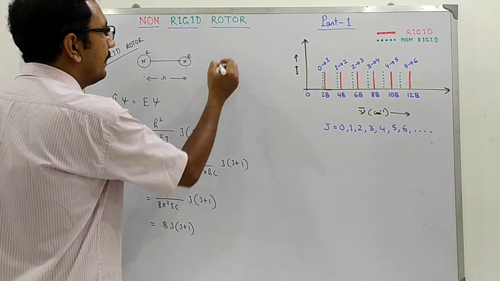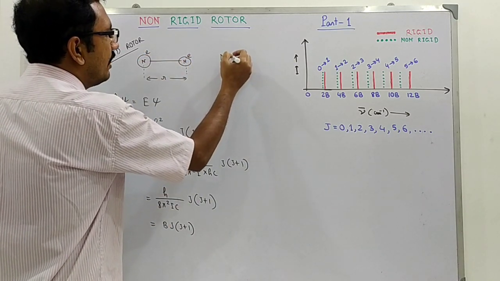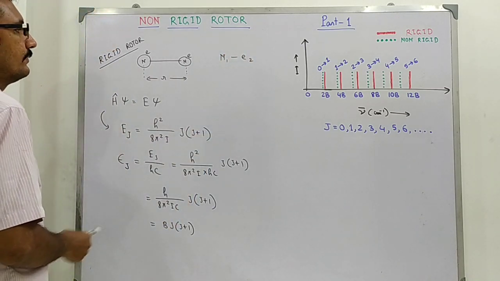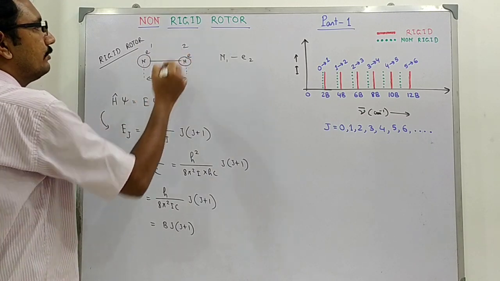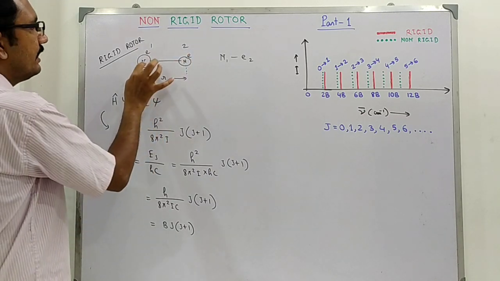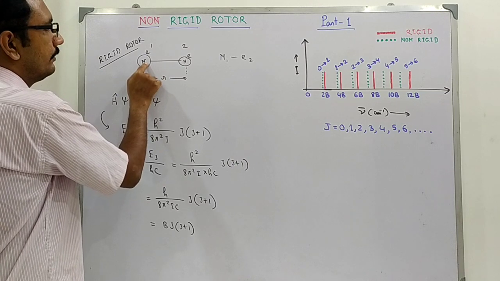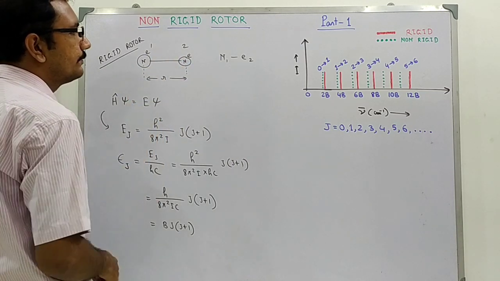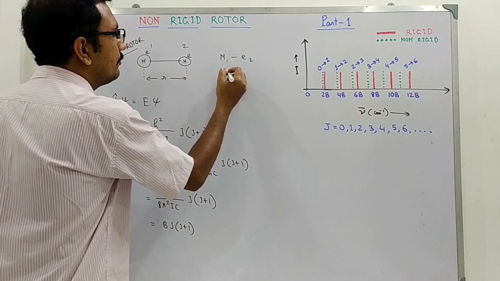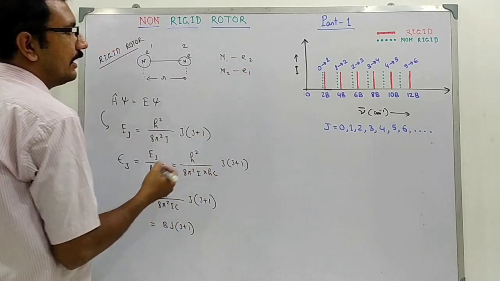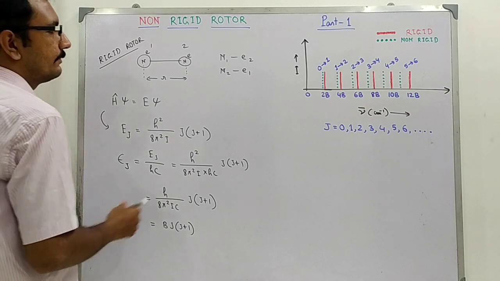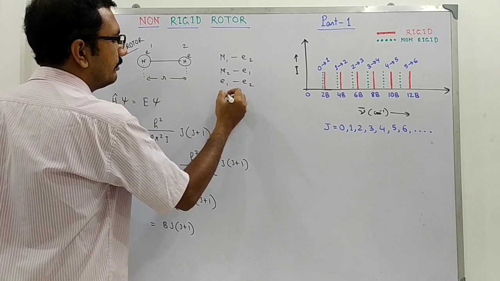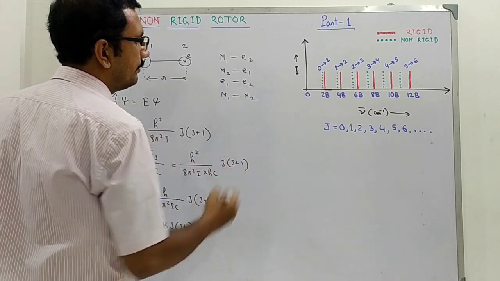So, we have nucleus 1, electron 2 attraction. Say this atom is 1 and this atom is 2. So, we have nucleus 1 attracting the electron cloud of atom 2, and there will be nucleus 2 attracting the electron cloud of atom 1, and there will be electron-electron repulsion, and there will be nucleus-nucleus repulsion.